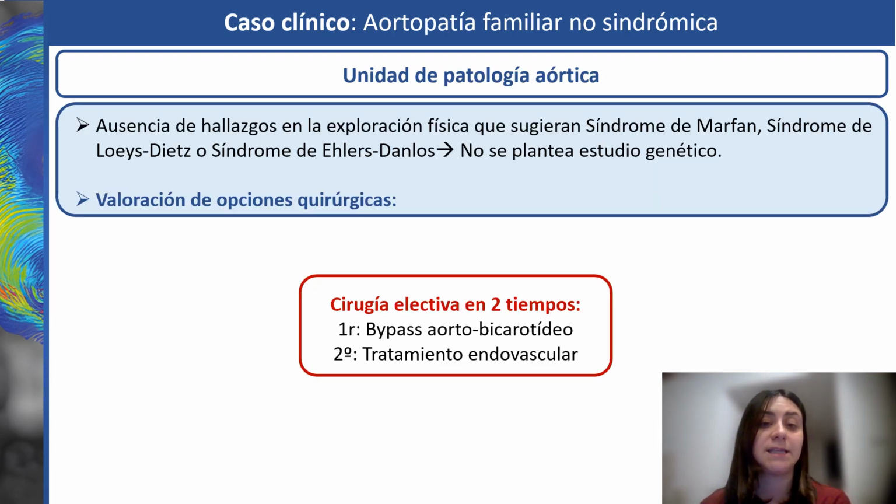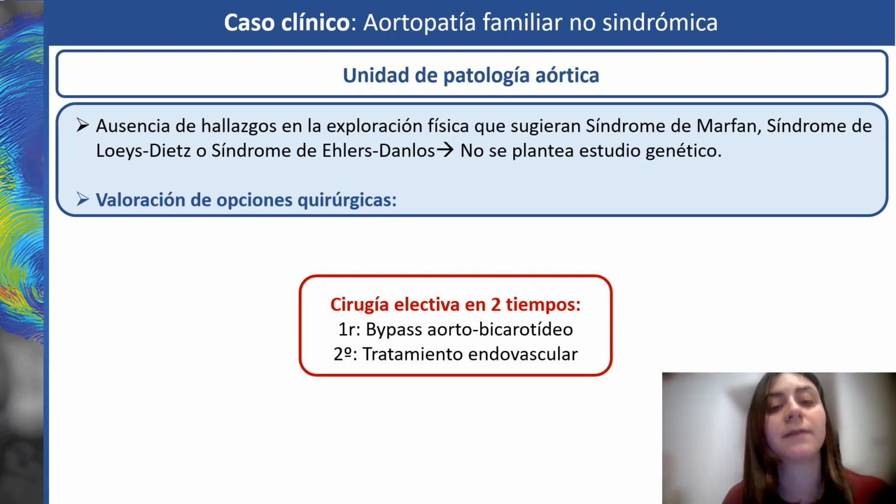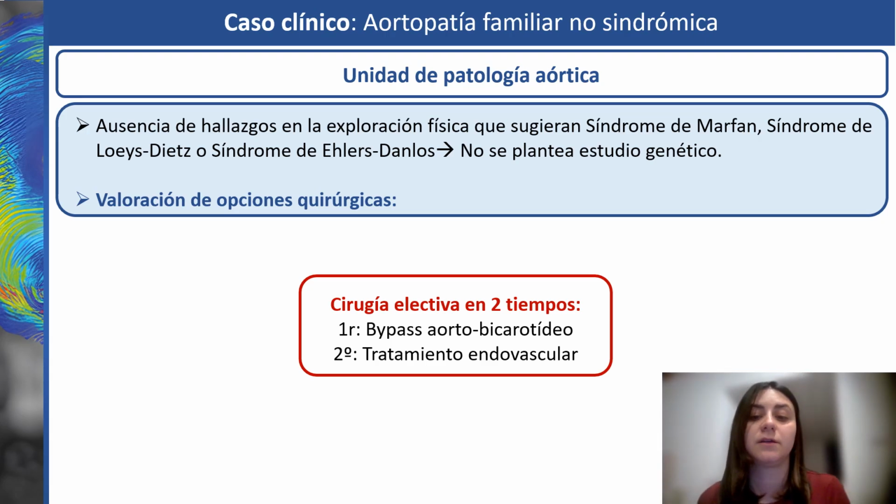During visits to the aortic disease unit, an initial family tree was created, showing no relevant history that could suggest a priori familial aortopathy. A thorough physical examination was performed, with no physical signs indicating Marfan syndrome, Loeys-Dietz syndrome, or vascular Ehlers-Danlos syndrome.